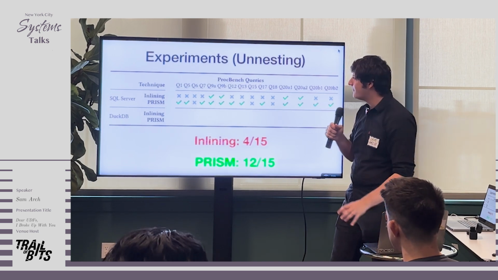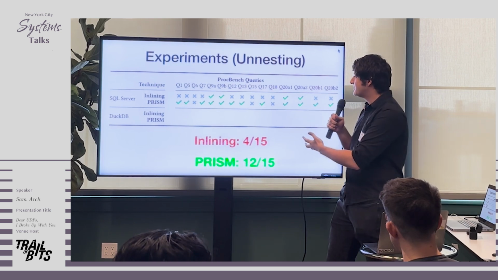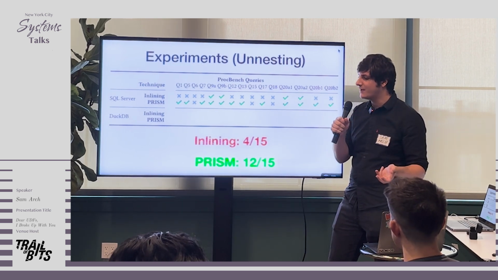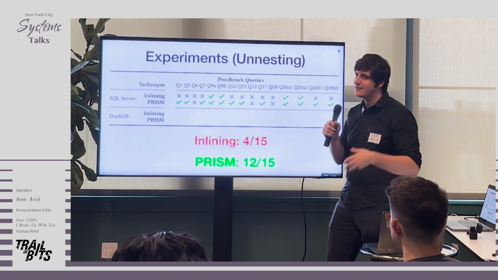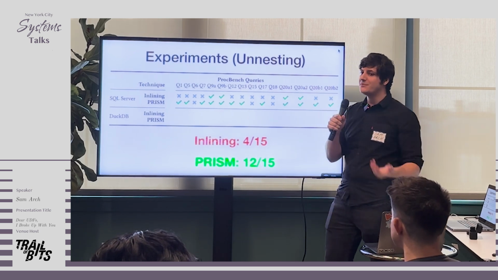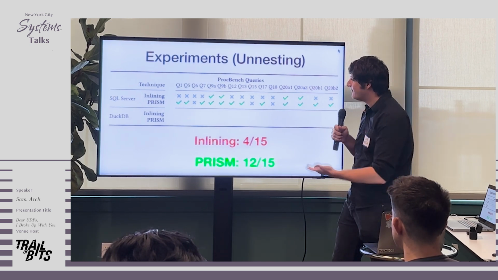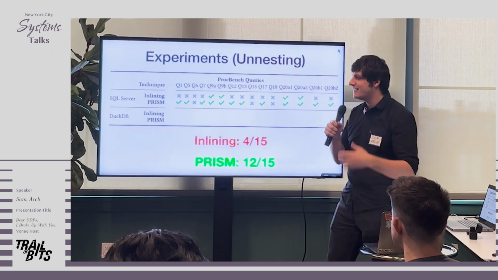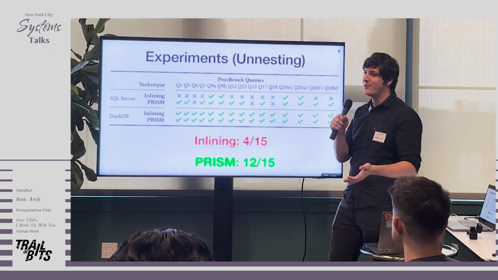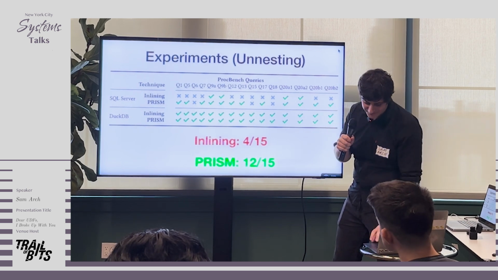But after our approach, where we're only inlining the pieces that we care about, SQL Server can unnest 12 out of 15, so 3 times as many queries with UDFs. And as we'll see in the next slide, that means that for those 8 queries, you're going to get much, much better performance because you're using joins instead of subqueries. Now for DuckDB, because it can unnest any arbitrary subquery, it doesn't matter if you're generating a subquery that's super complicated or quite simple, because it can unnest anything.